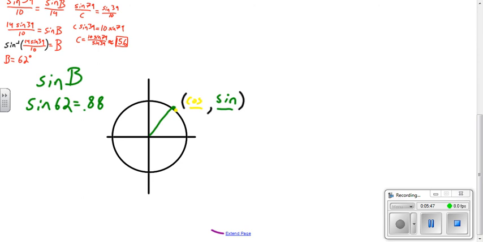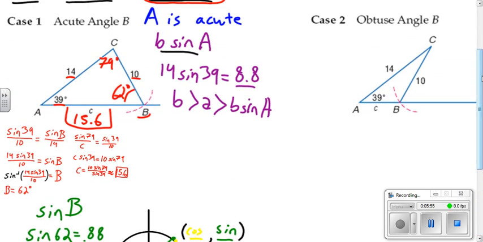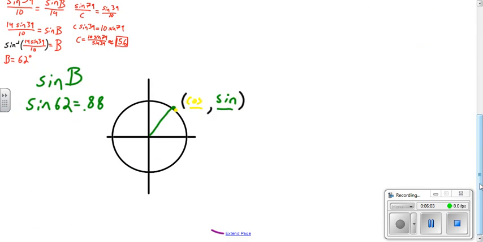Well, if we wanted to find another place where the sine of B remains the same, and we needed the sine to remain the same, because in this case we're using the law of sines to solve it, so we need to make sure that even though B is obtuse, it has the same sine. Well, where else is this y value going to be the same on the circle?